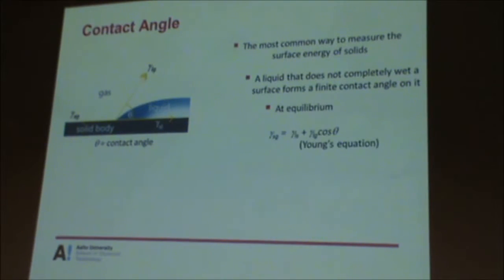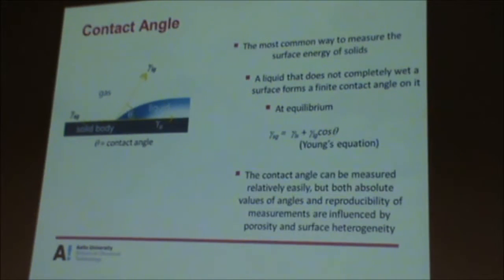And you have liquid in contact with gas, and its interfacial surface energy is gamma LG, and also gamma SG, which is the solid-gas interfacial free energy. Now the relationship between the angle the liquid makes with the surface and these three components is called the Young's equation.